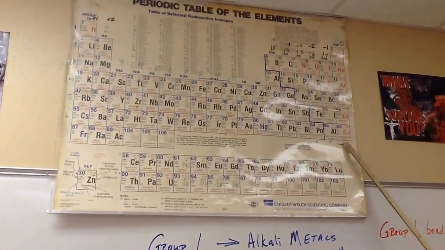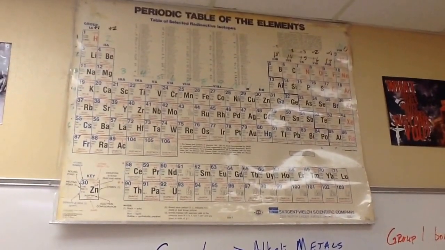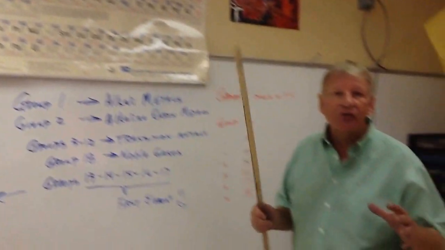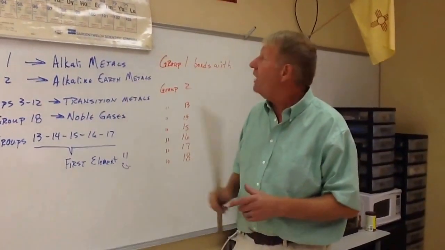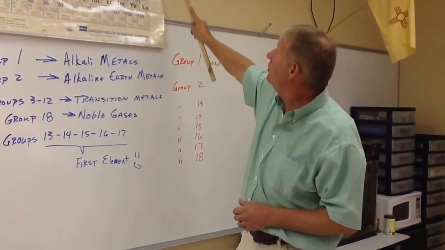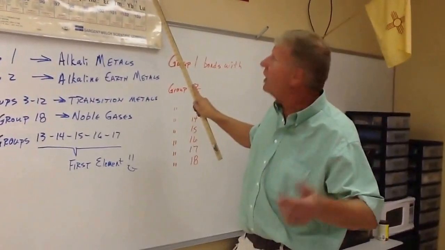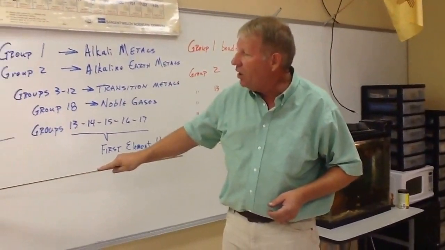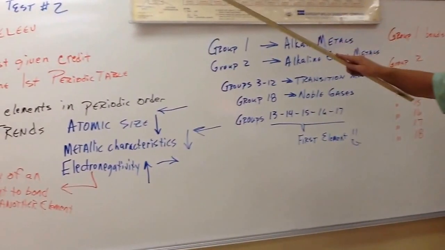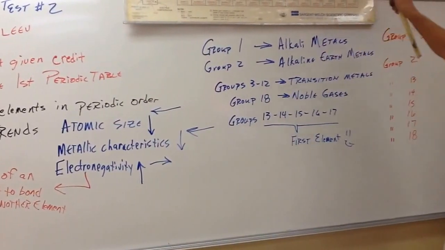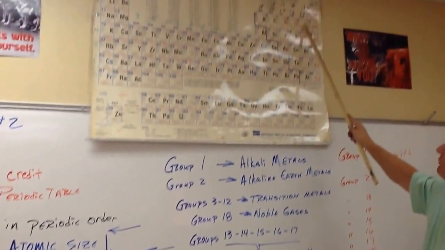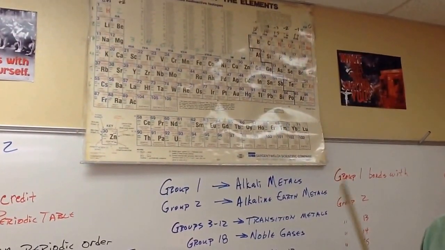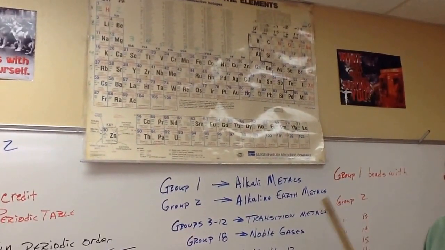But group 18 is the noble gases. They don't bond with anything. So when we want to say electronegativity, that it bonds with another atom, then we exclude the noble gases because they don't bond with anything. So if it increases going up, and it goes to the right, then here we end with fluorine, an extremely highly electronegative element.